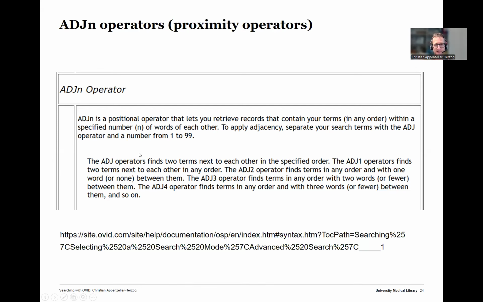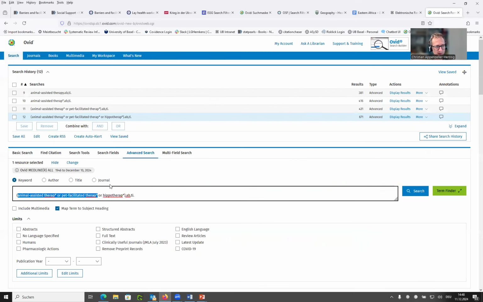Okay, and let's quickly switch back, and I would like to change that animal assisted or animal facilitated or pet facilitated or pet assisted. I would like to change this into such an ADJ combination. And I'm going to do this like this.